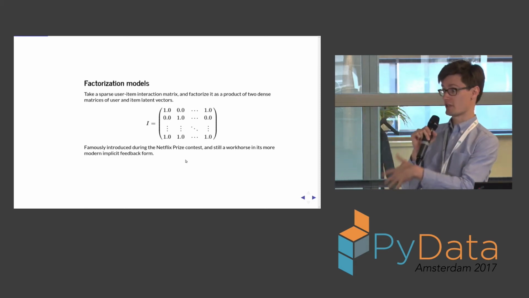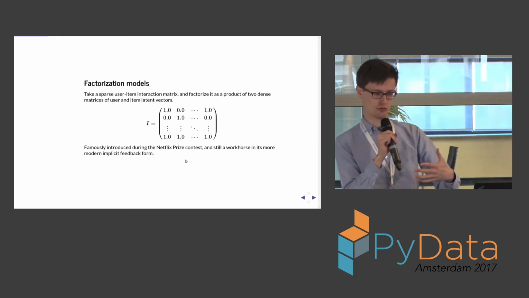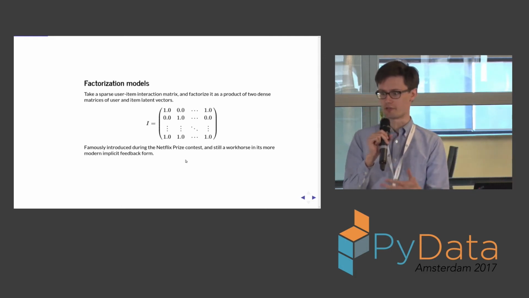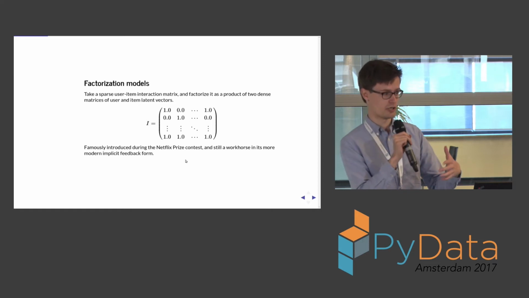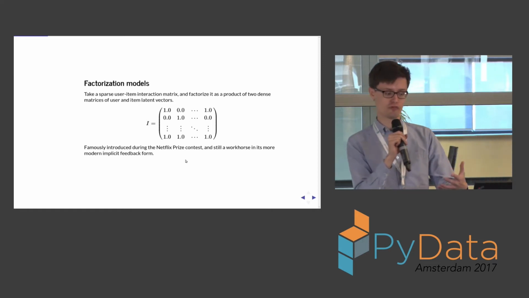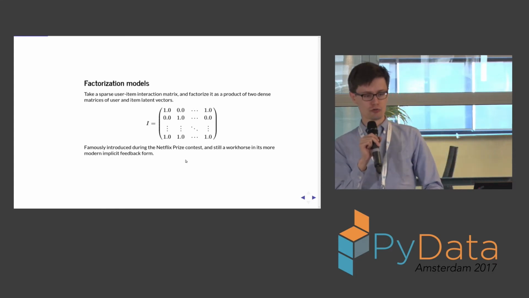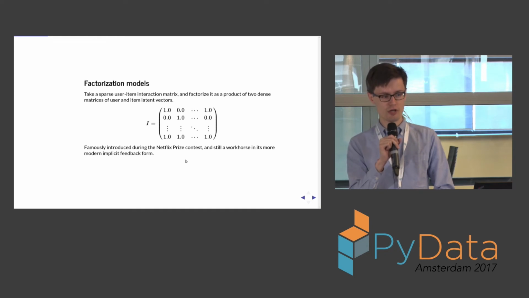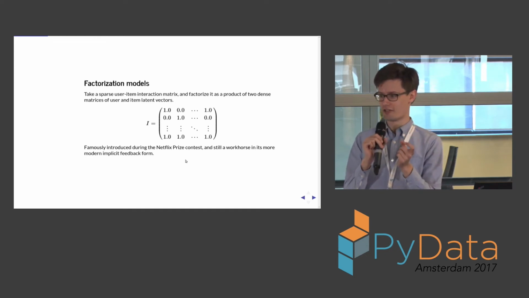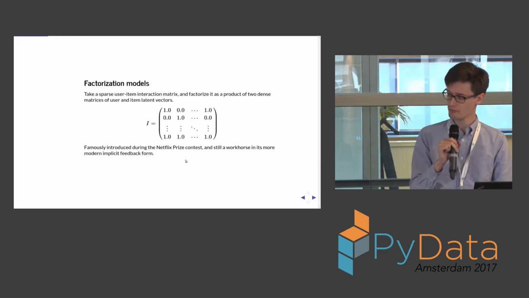That's quite big and quite sparse, and really what you want to do is factorize this matrix into latent representations of users and latent representations of items. These are two other dense matrices that, when you take their product, will hopefully reproduce the original matrix accurately, plus, through discovering the latent structure of the problem, show you the items that a given user has not interacted with yet, but would be interested to see.